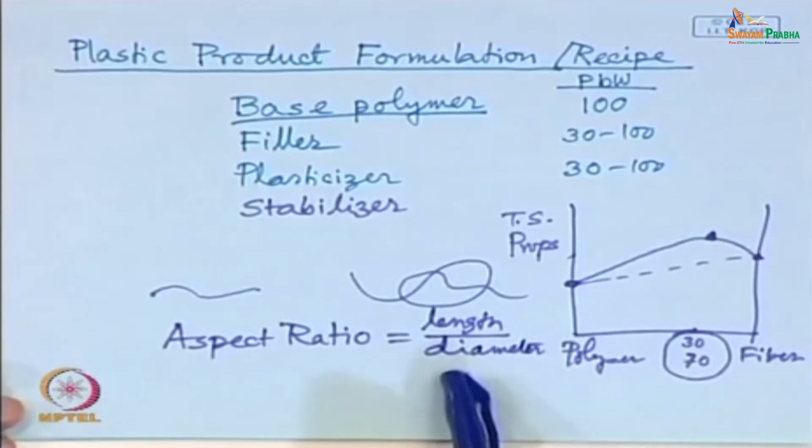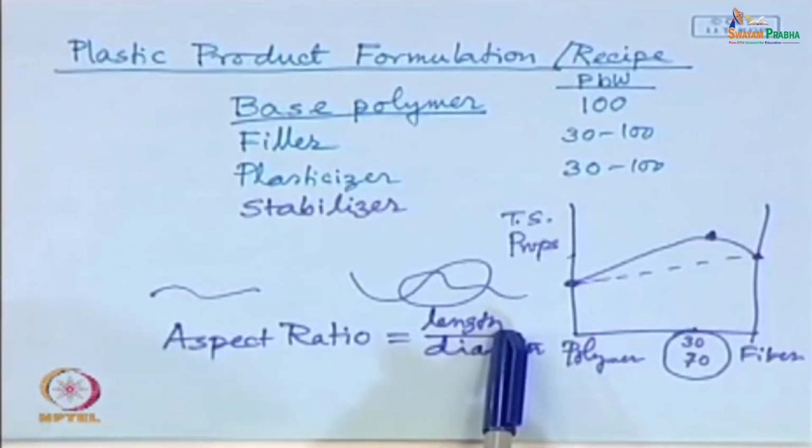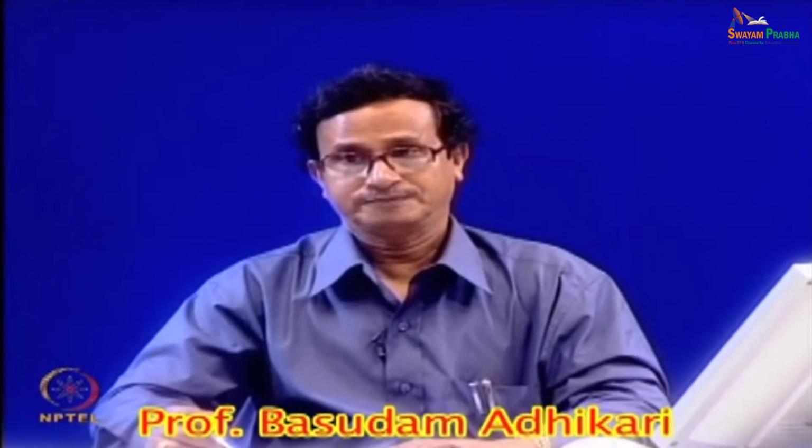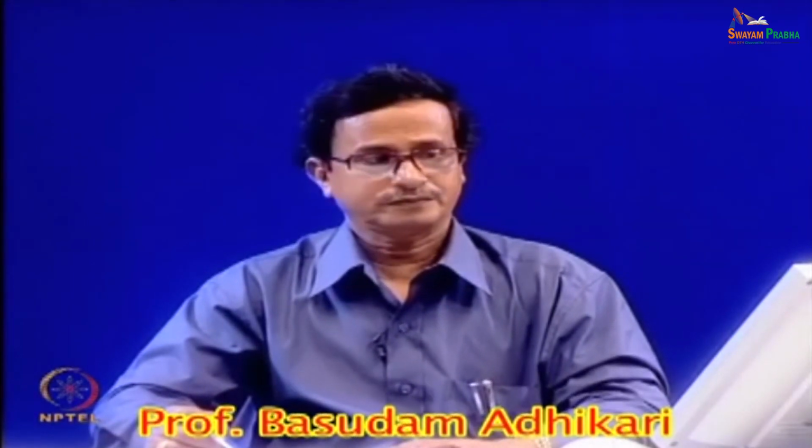That means, if the diameter is very low and length is quite high, it is a very thin fiber, and its surface area is very high. So, it will be highly reinforcing. So, if the aspect ratio is very high, it will give excellent reinforcing properties.